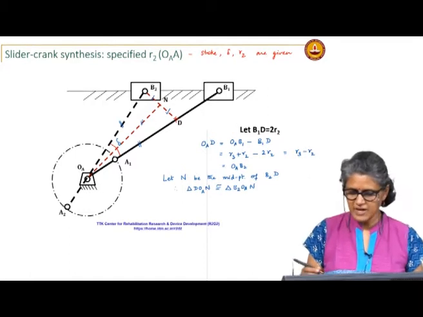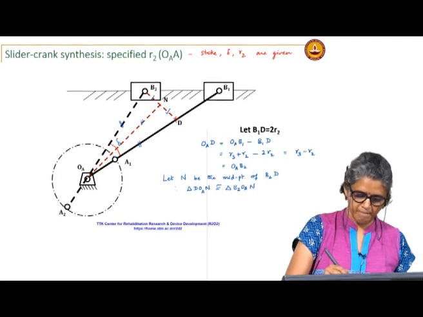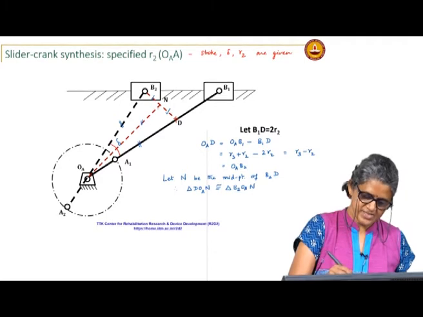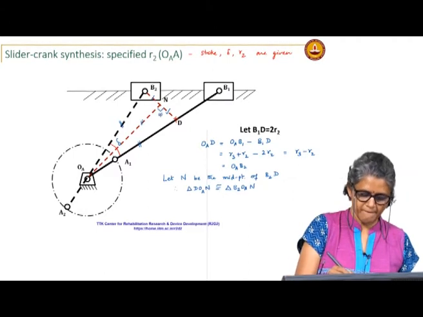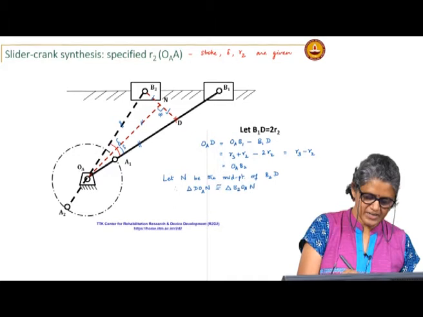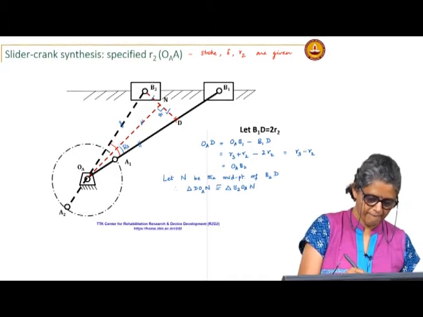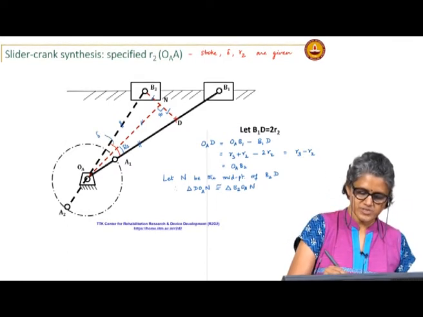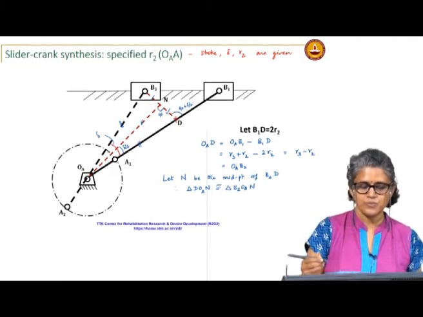Okay. If I take this angle, these two angles are half of each other, right? And this is a 90-degree angle. This is 90. This angle is delta by 2. So what is this angle? 90 plus delta by 2.